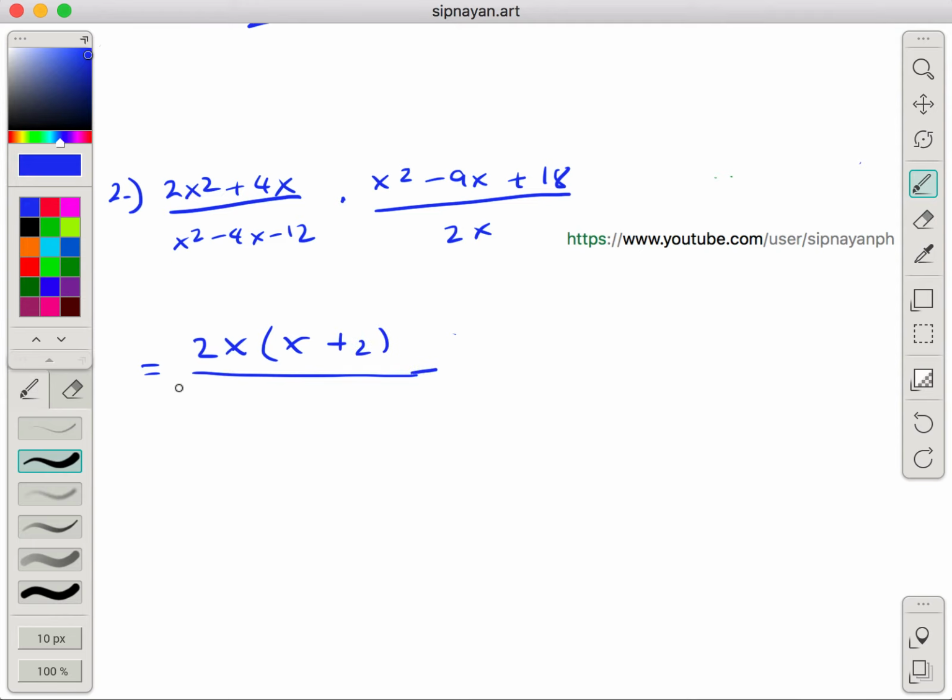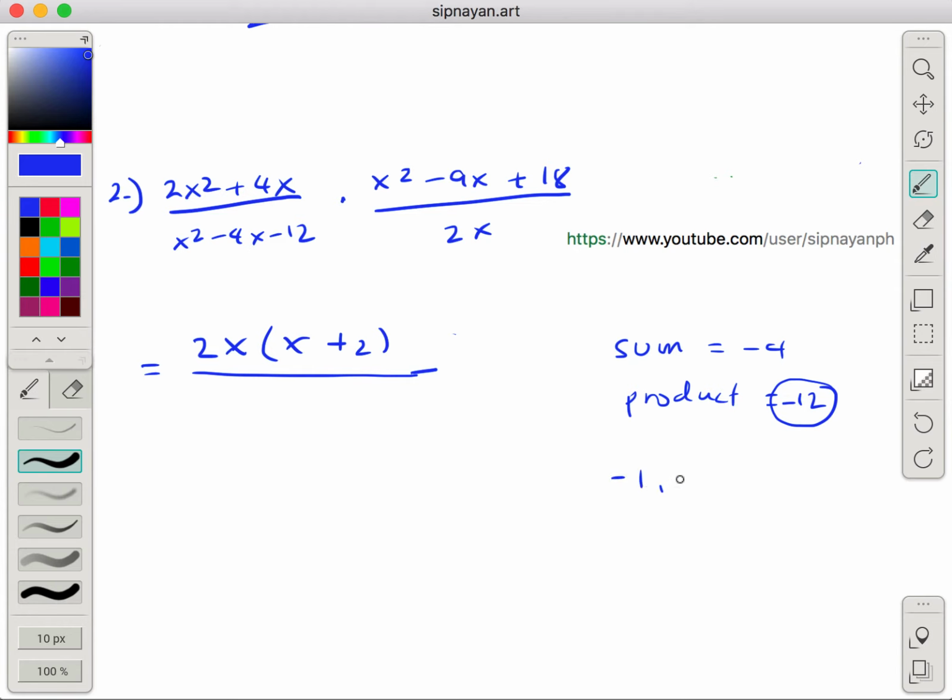Sa baba, we have an x squared minus 4x minus 12. Ibig sabihin nito, yung nasa gitnang term, yan yung sum, ito yung product. Ibig sabihin, we need numbers whose sum is negative 4 and product is negative 12. So, dito tayo titingin. Ano ba yung mga negative 12 na factors?